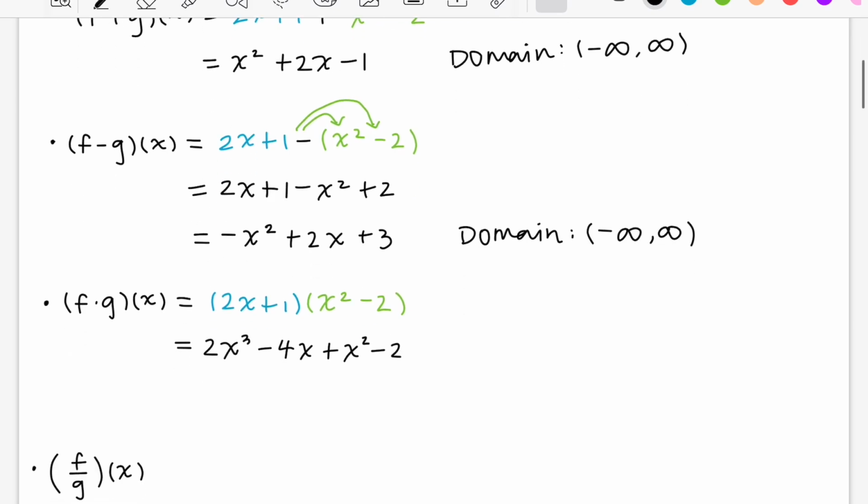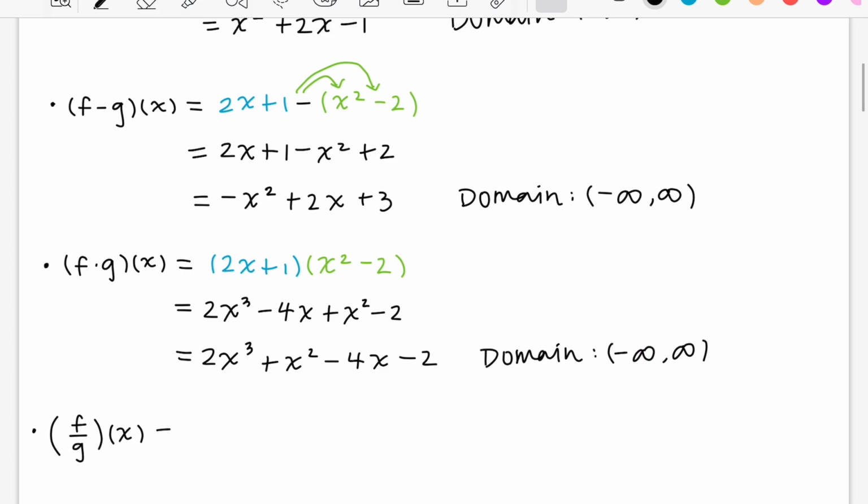All right, and it looks like we can't simplify anything here, but we can write this in decreasing order of the powers of our variables. So we'll get 2x cubed plus x squared minus 4x minus 2. And again, we have a polynomial, so our domain is going to be all real numbers.